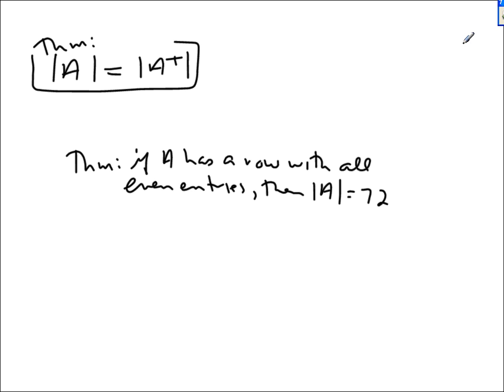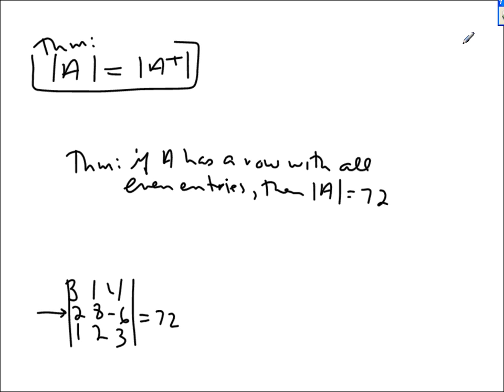I mean, this is absurd. It's not true. But let's take it for being true right now. That is, if you have 3, 1, 4, 2, 8, negative 6, 1, 2, 3, that second row has all even entries, so the determinant is 72.